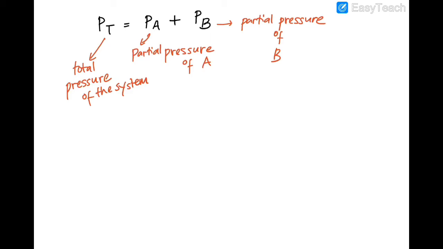So PA is the partial pressure of A, PB is the partial pressure of B, and PT is the total pressure of the system. Now, the sum of all mole fractions will always add up to 1.